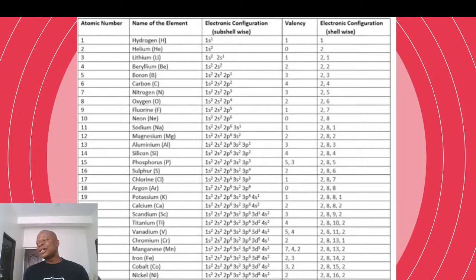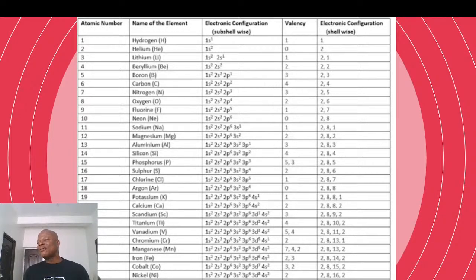Then if you arrange them in shells, K, L, M, you're going to have 2, 8, and 5. There are reasons why I said I'm going to explain more on valency.